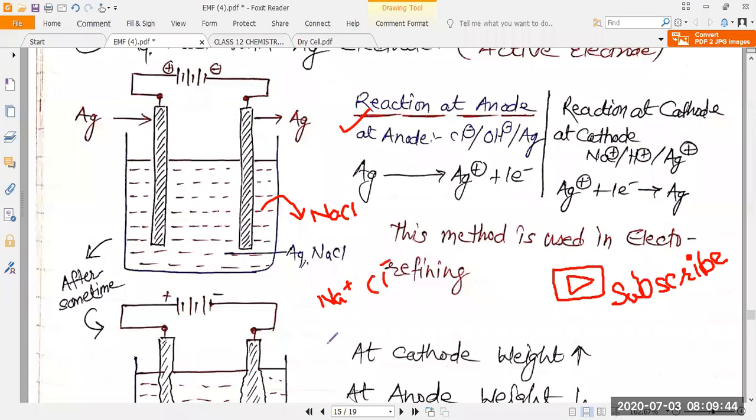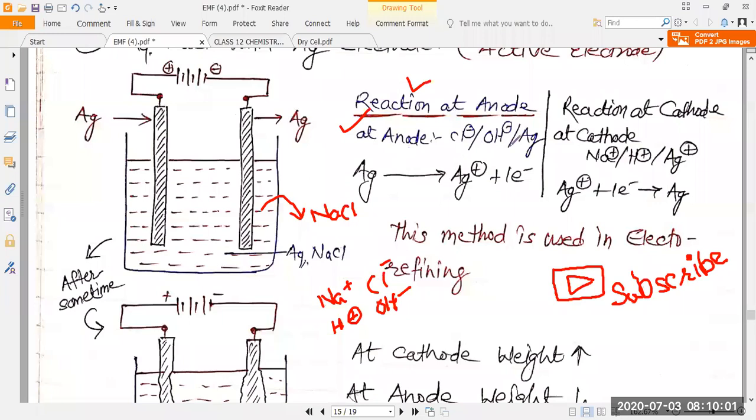Similarly, water dissociates into H plus ion and OH negative ion, which is the hydroxyl ion. And Ag is also present as an electrode. So the reactions will be like this.